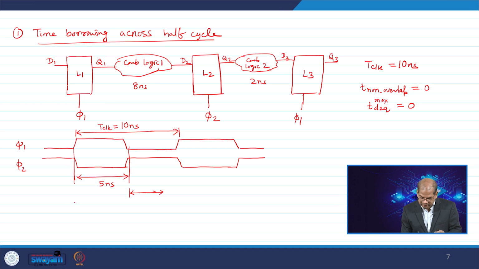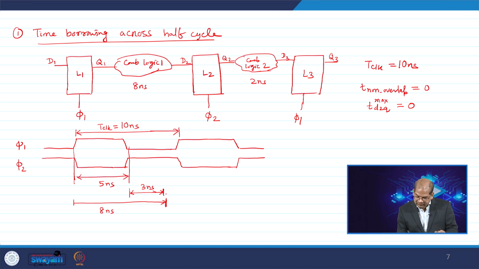From here to here is 8 nanosecond and this time is 3 nanosecond. So your D2 will be available at this time stamp.